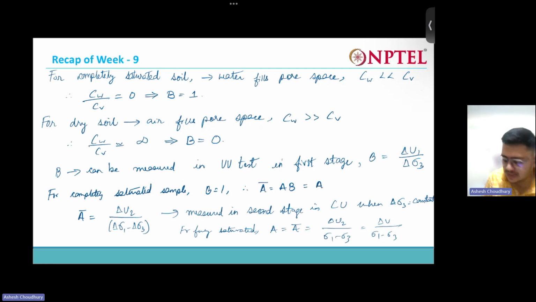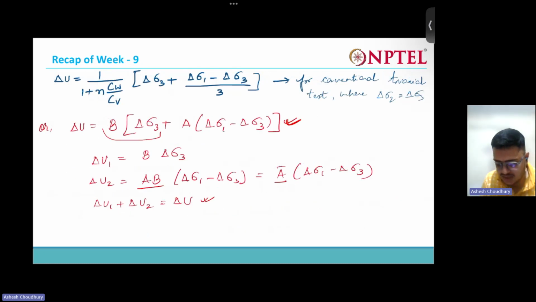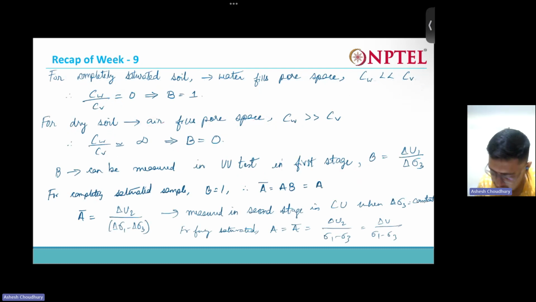Now for completely saturated soil, water fills the pore space, right? The water will fill all the pore space, and we are considering water incompressible, so almost incompressible. So Cw will be much less than Cv. If Cw is much less than Cv, what will happen? This term n into Cw by Cv is going to become 0.